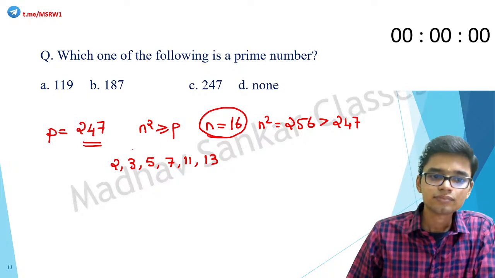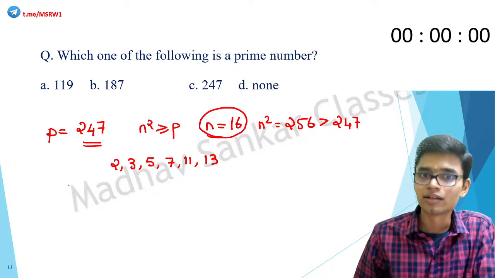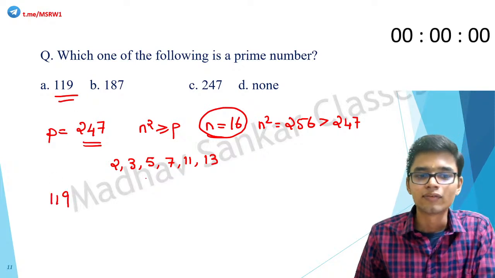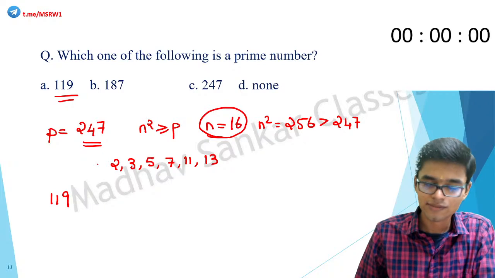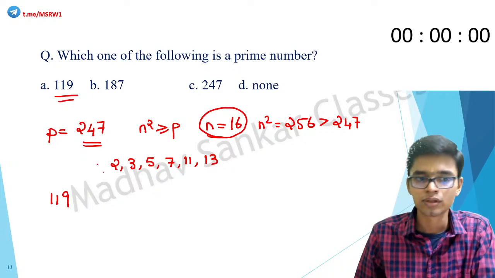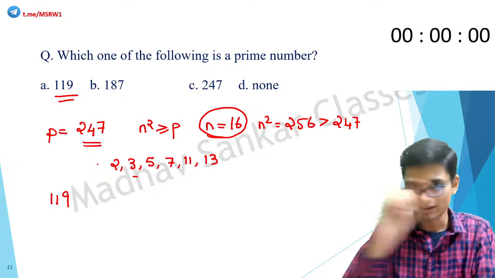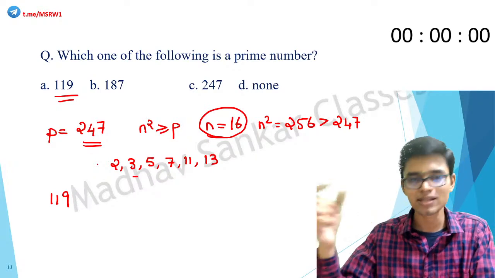Okay, so let's check each of these numbers. First number is 119. Is 119 perfectly divisible by 2? No. Divisibility for 3: how do we do it? Add the digits and see if the sum is divisible by 3.